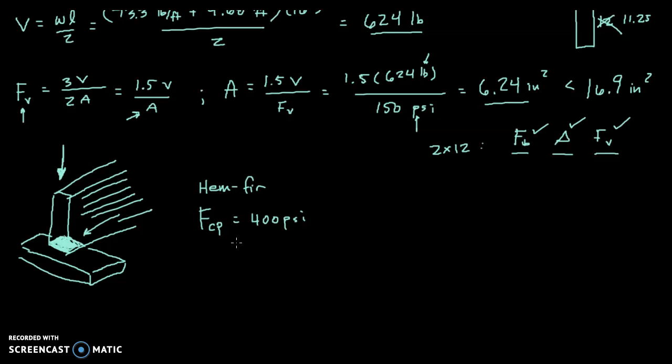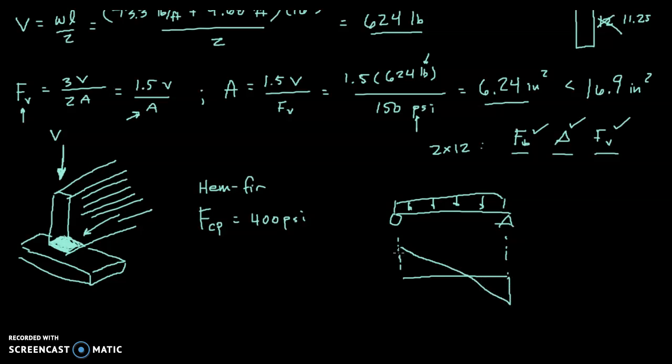grain. So the amount of force acting at the end of this beam is, in this particular case, equal to the maximum shear. If I were to draw a real quick beam diagram, when we have a simply supported beam with a uniformly distributed load, and we draw a shear diagram for that, the shape of the shear diagram looks something like this.